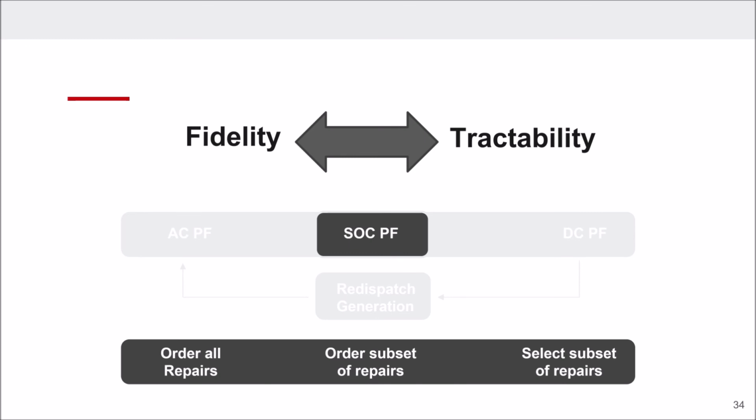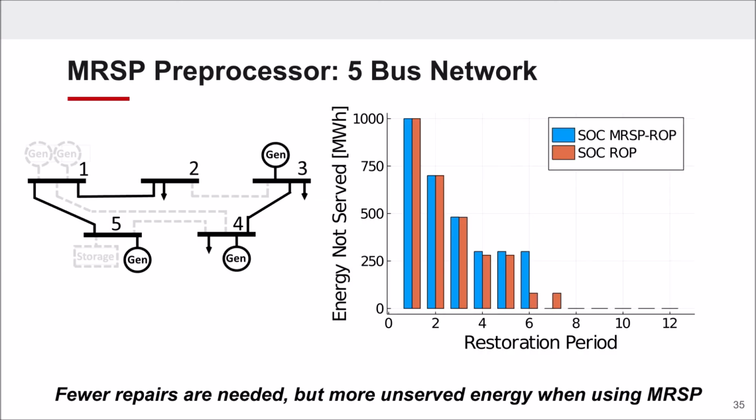Next up, we're taking a look at this minimum restoration set problem as a preprocessor. So selecting that initial subset of repairs and ordering that subset, in comparison to ordering all of the repairs in the problem. And we'll be showing an example of this using the second order cone power flow formulation. Here we have that same 5-bus network on the left-hand side, but the black devices represent ones that were selected by that preprocessor in order to restore these devices.